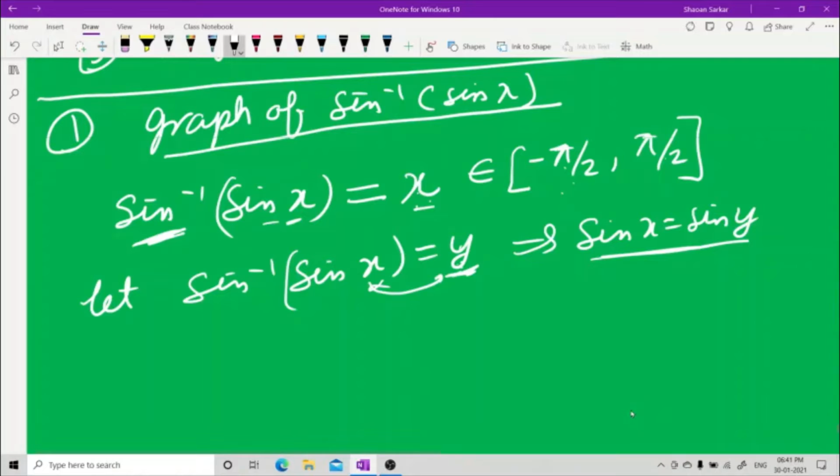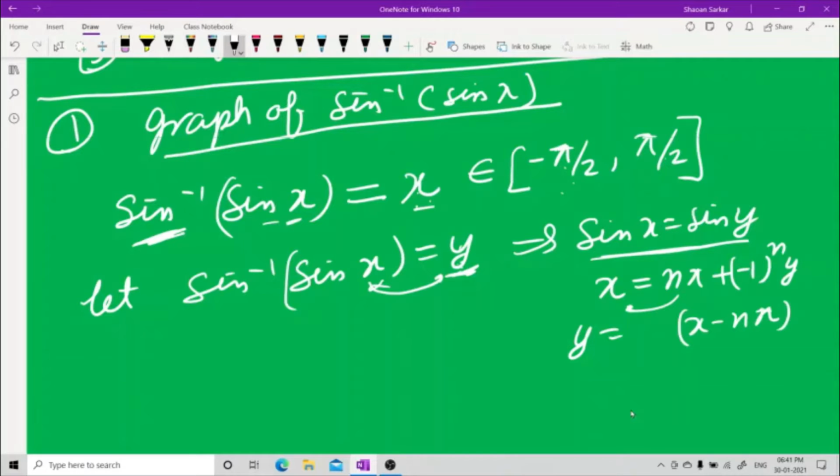So this is going to give me x equal to nπ plus minus 1 to the power of n y. So this y will come out to be x minus nπ, and then you multiply minus 1 to the power of n on both sides.